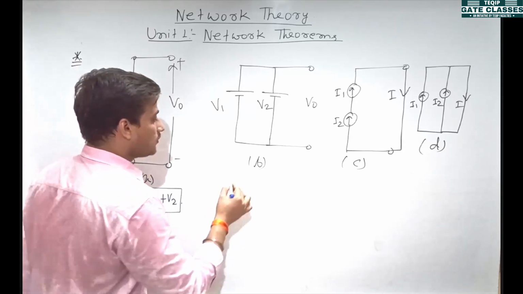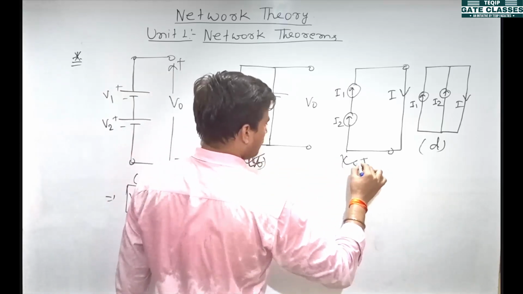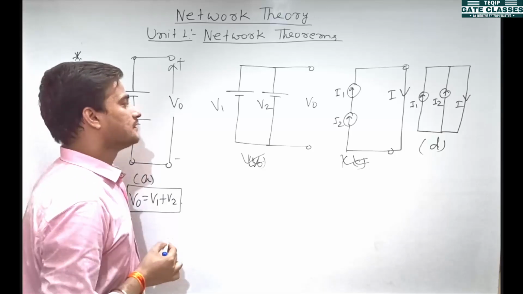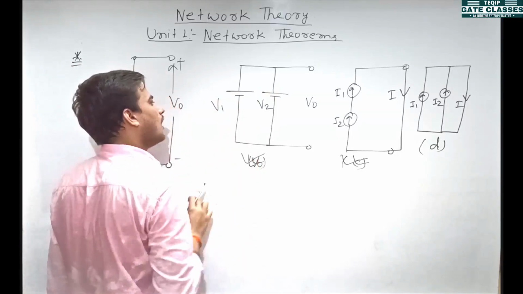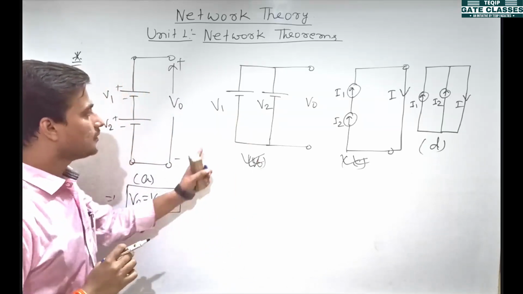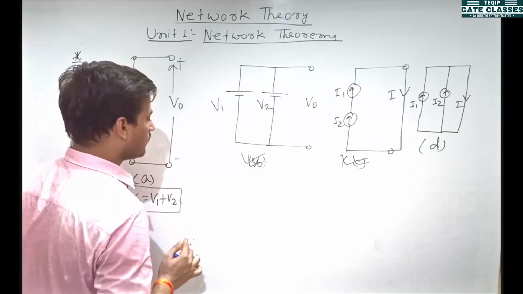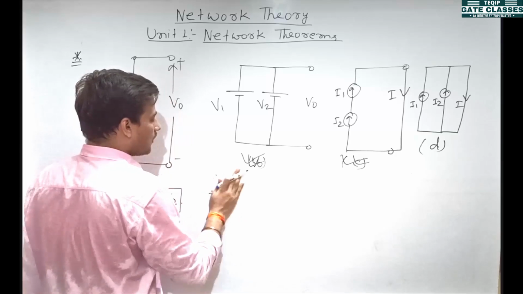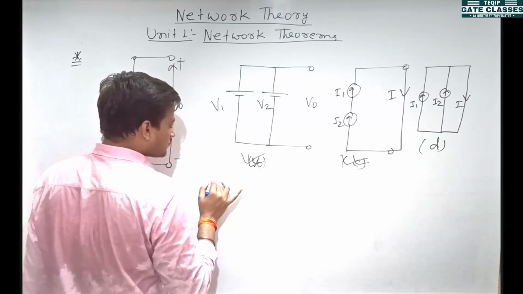Next come to this circuit. This circuit is very important. That's why I am explaining it here, at the basics of circuit theory. Here V1 and V2 are connected in parallel. These two are ideal sources. You have to write the value of V0. So here you will have to check the conditions.